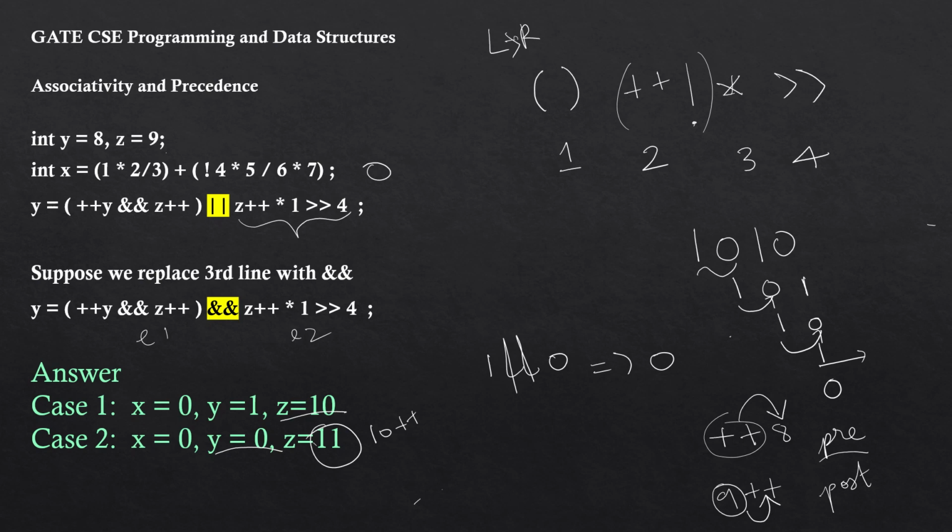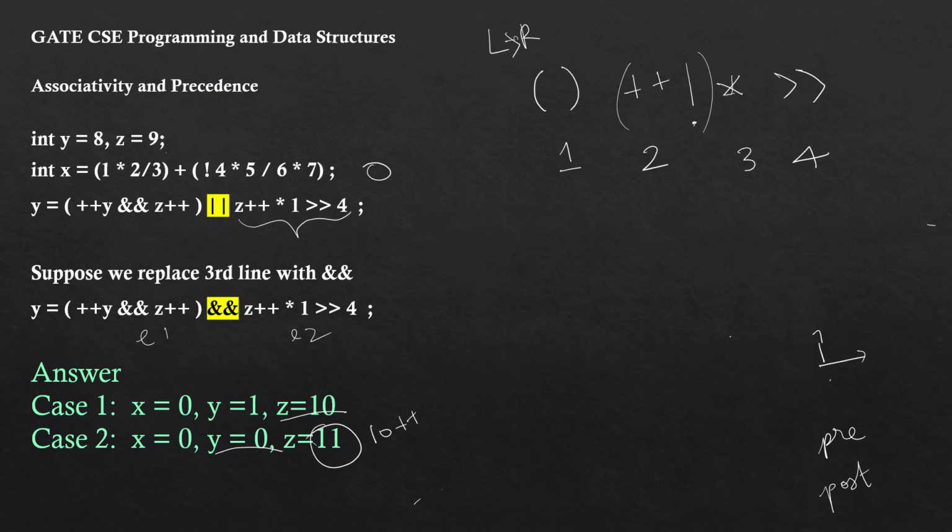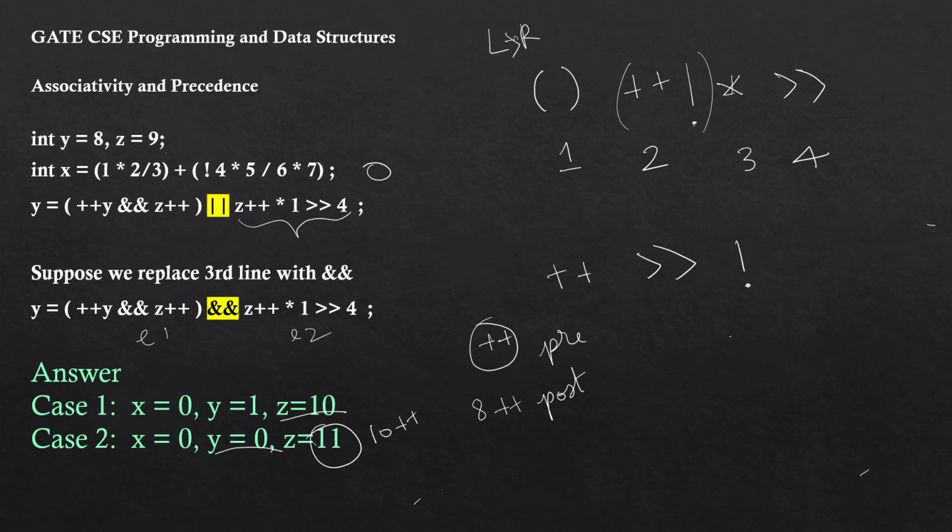Okay, let's just do an overview of whatever we learned. So today we looked at some more operators. One is the plus plus, one is the shift operator, and also the negation operator. Plus plus comes in two forms. Plus plus can be either pre or post. Pre means that you do your increment or your decrement and then you assign the value. Post means that you first assign the value and then only you do an increment.